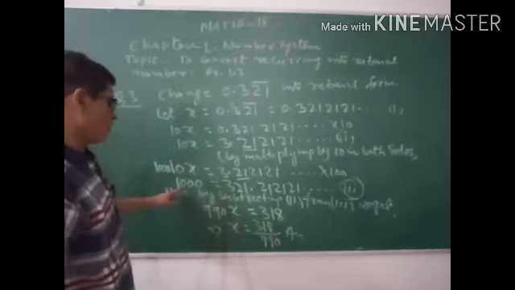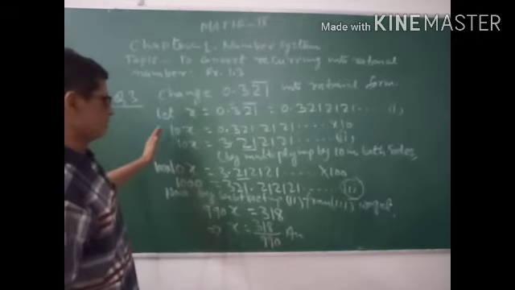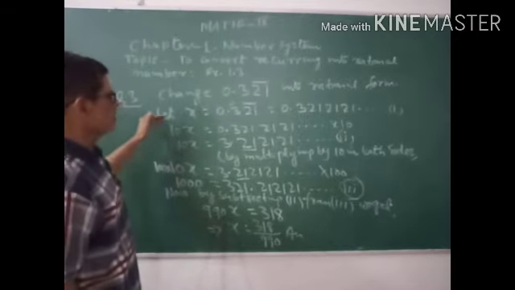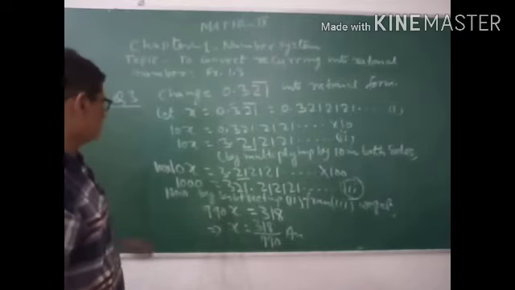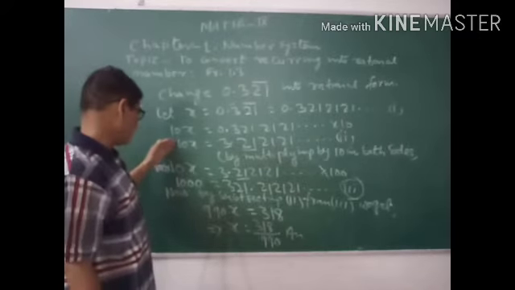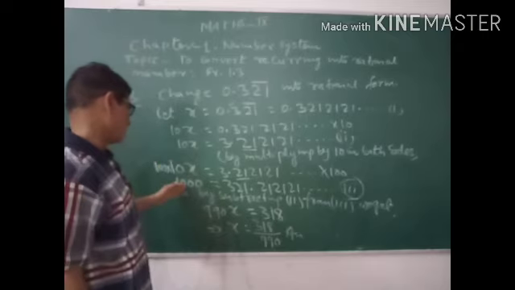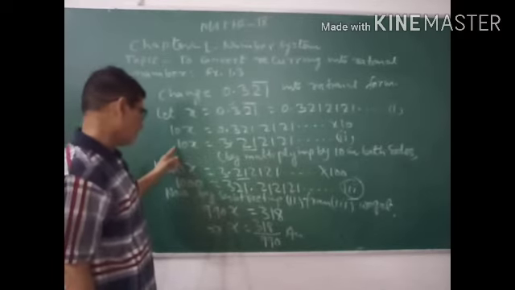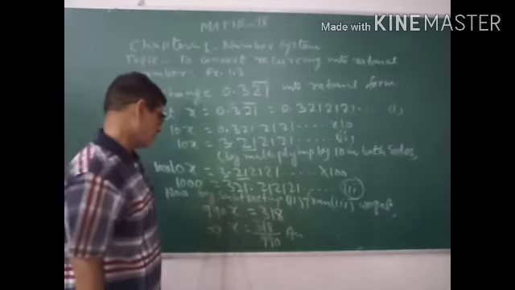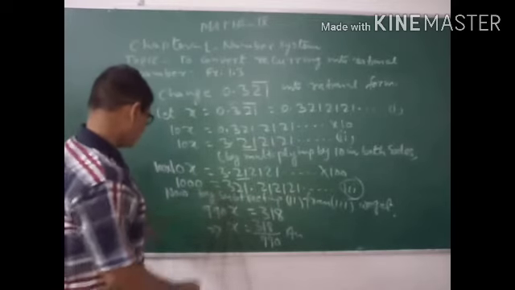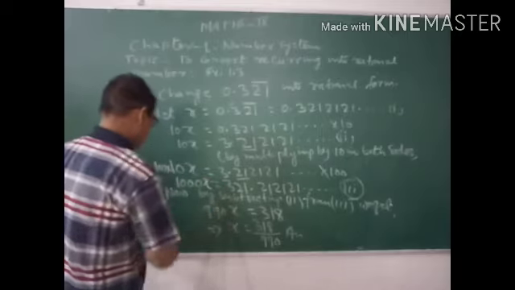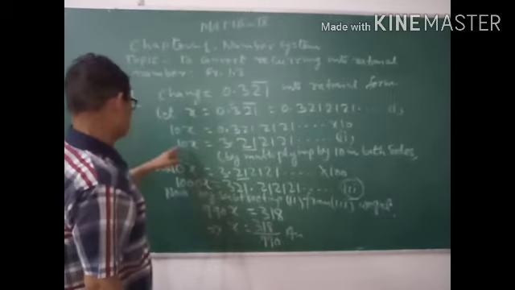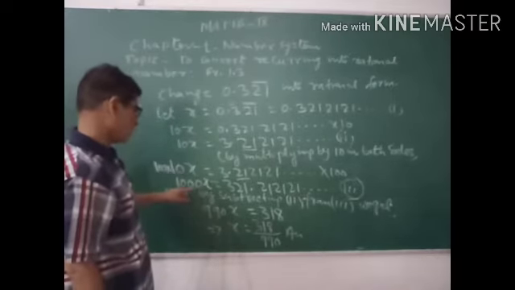Now we have 3 equations. Give up the first equation. We shall work only on the second and third. Subtract the second equation from the third. We subtract 10x from 1000x.